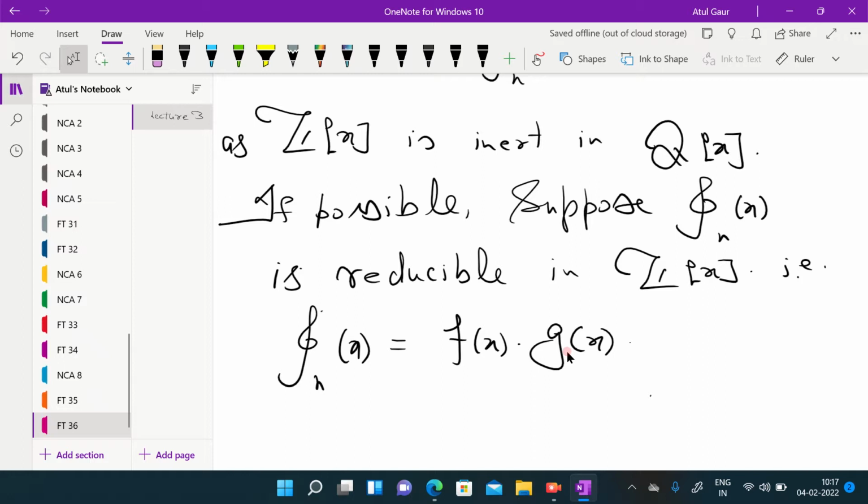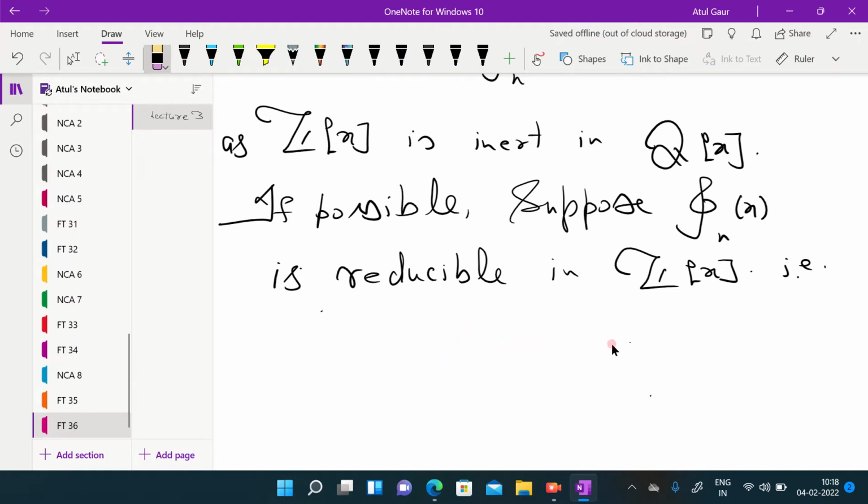If it is reducible, it will certainly have an irreducible factor. Reducible means you can write Φn(x) as a product of two polynomials, and again f(x) you can write as a product of irreducible polynomials. So the point is Φn(x) will have an irreducible factor over Z[x] if it is reducible, right?